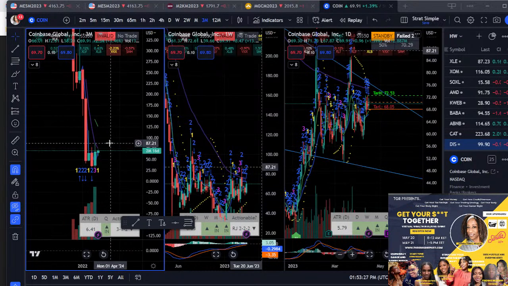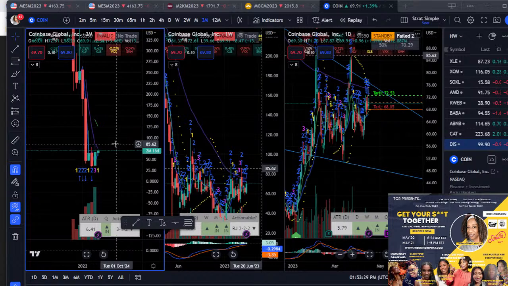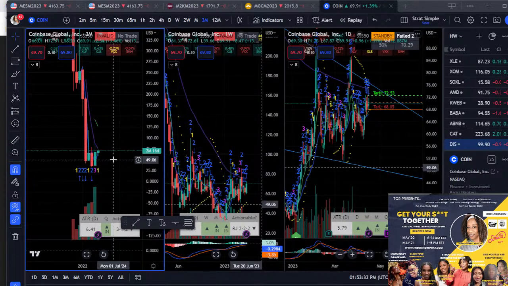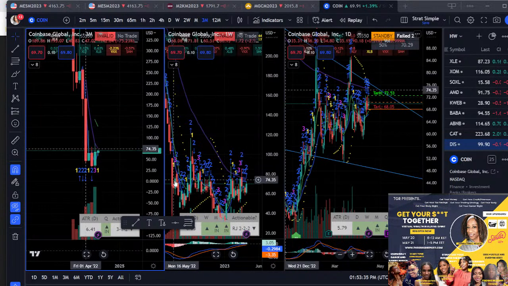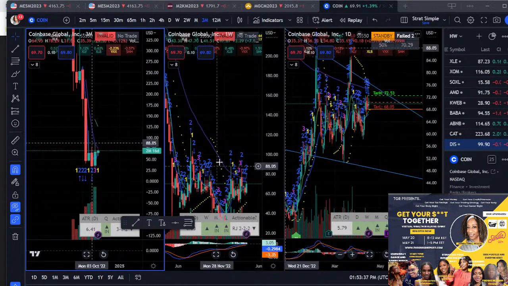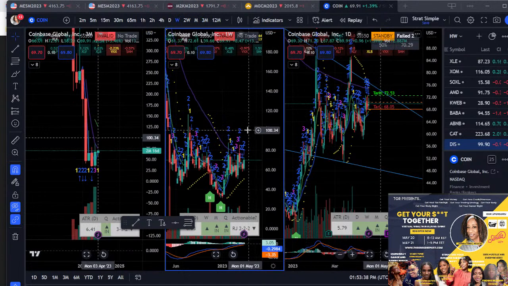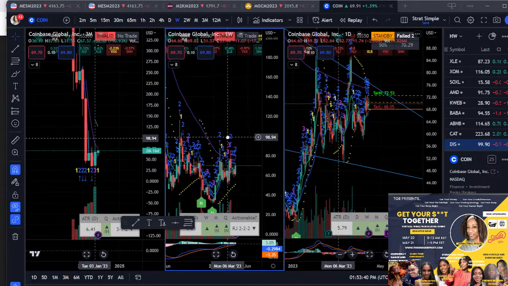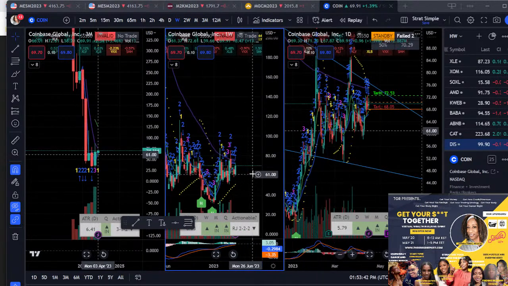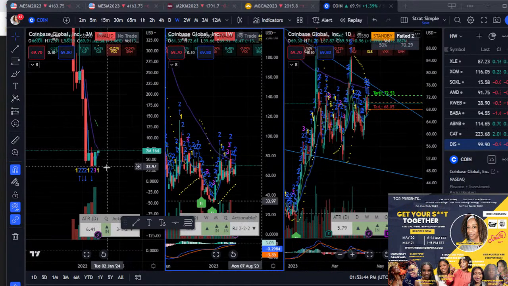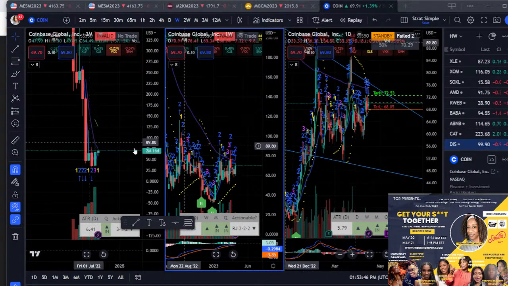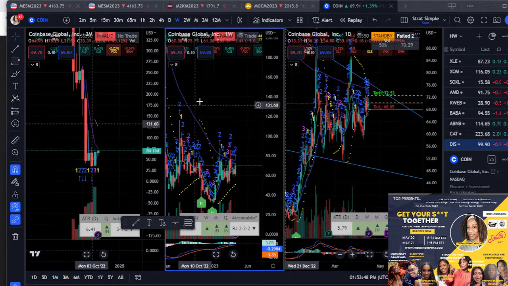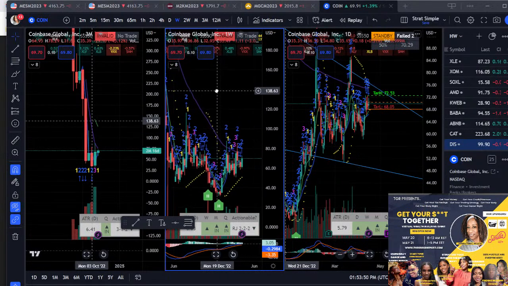So a 3-2 up on the quarter would be great for Coin to finally get some legs going and break out of this range right here that it's been in. And this downtrend, because it really hasn't been able to make higher highs on any time. Well, on the daily, but on the rest of these time frames, everything is lower highs.